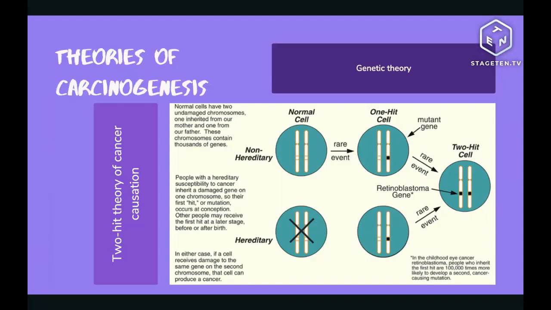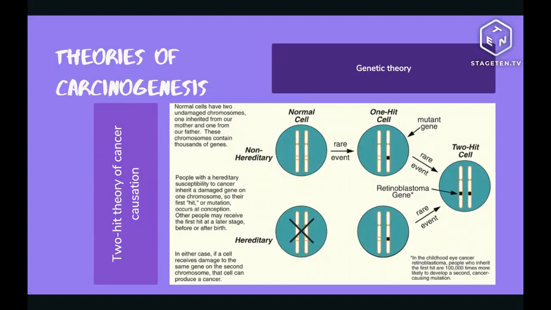People with a hereditary susceptibility to cancer inherit a damaged gene on one chromosome, so their first hit or mutation occurs at conception. Other people may receive the first hit at a later stage, before or after birth. In either case, if a cell receives damage to the same gene on the second chromosome, that cell can produce a cancer.